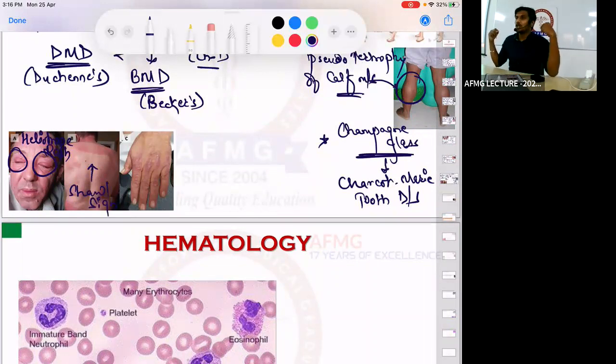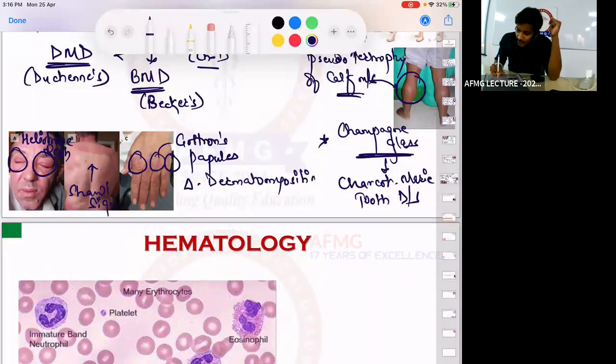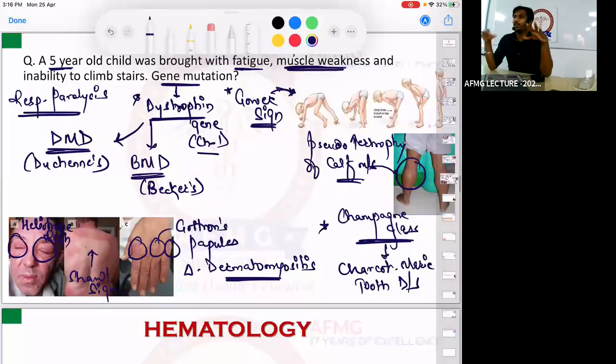Along with these, there are papules known as Gottron's papules. The diagnosis would be dermatomyositis. So remember, if an adult patient comes with Gowers sign, the diagnosis can be dermatomyositis, inflammation of skin as well as muscles.